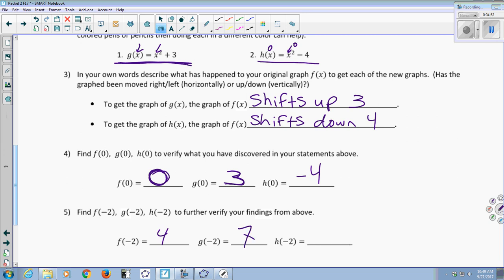And if I plug negative 2 into the h formula, take negative 2 and square it, you get 4. 4 minus 4 is 0. So that relationship still holds, because if you are at 4 and then you shift everything up 3, you should land at 7. If you start at 4 and you shift everything down 4, you should land at 0.